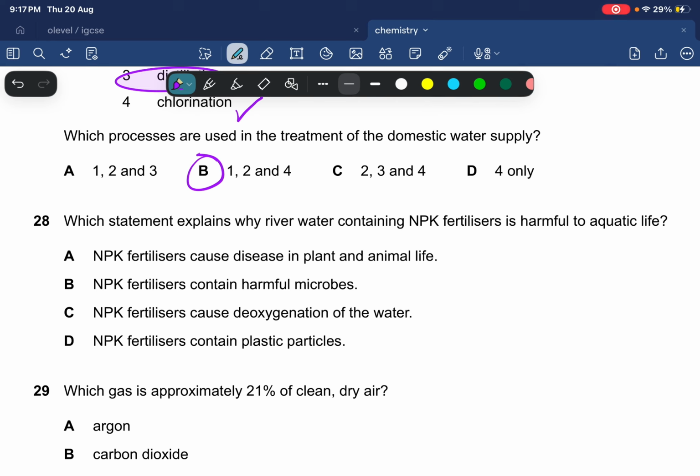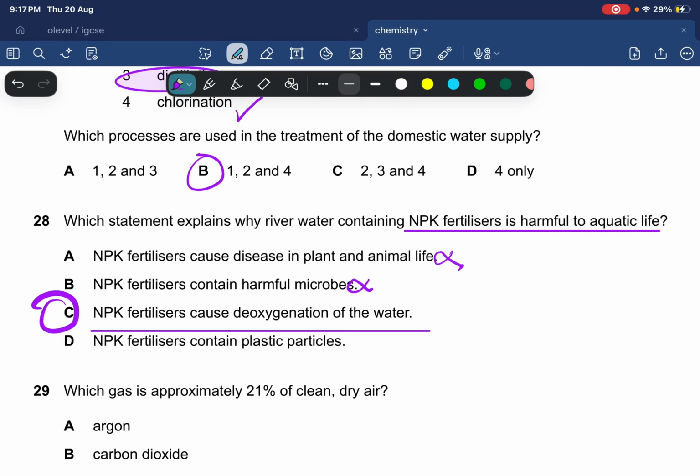Which statement explains why river water containing NPK fertilizers is harmful to aquatic life? Because it causes eutrophication. NPK fertilizers can cause disease. No. NPK fertilizers contain harmful microbes. No. NPK fertilizers cause deoxygenation of water.